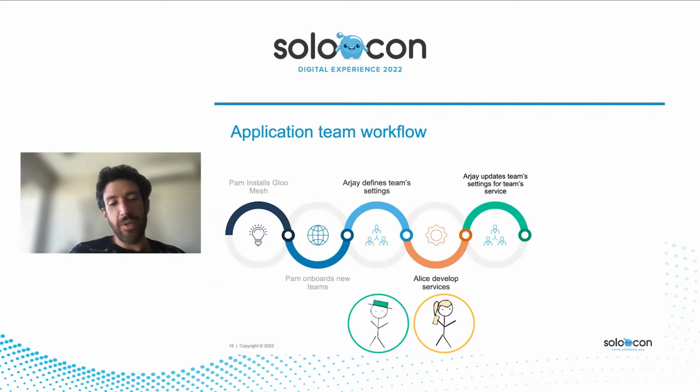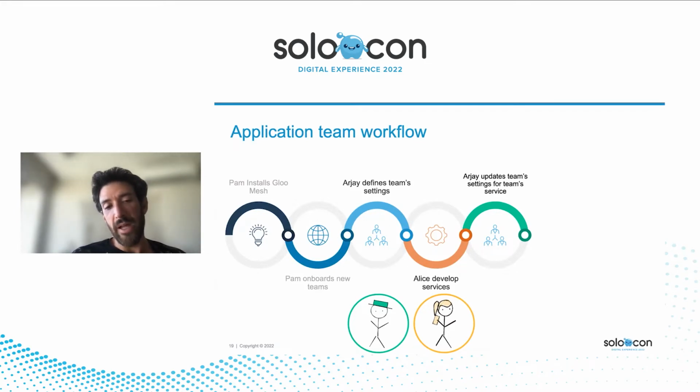So once the workspaces are set up, RJ, the application team lead, is able to configure settings for the workspace. This configures things like global policy, what's exposed by the workspace, as well as what the workspace depends on from other workspaces.